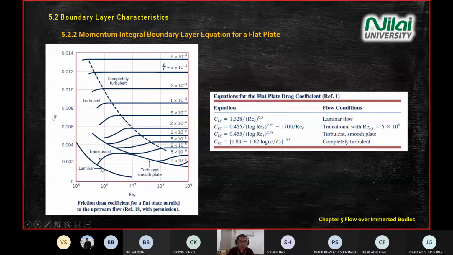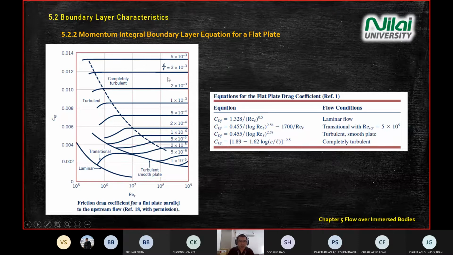And then you have a transitional phase, and then it comes to turbulent. So this is a turbulent line. In the turbulent also, if you increase the speed above the surface, you see the CD value also decreasing.